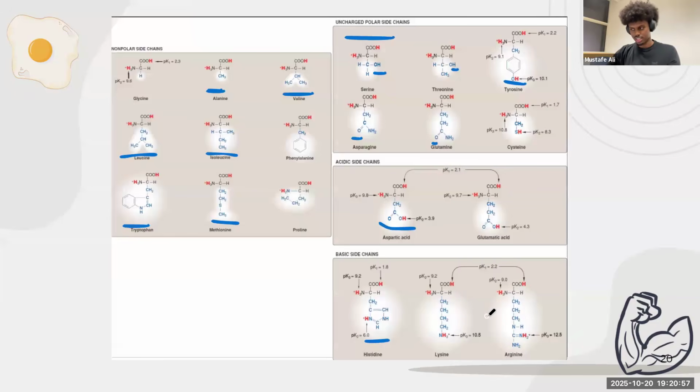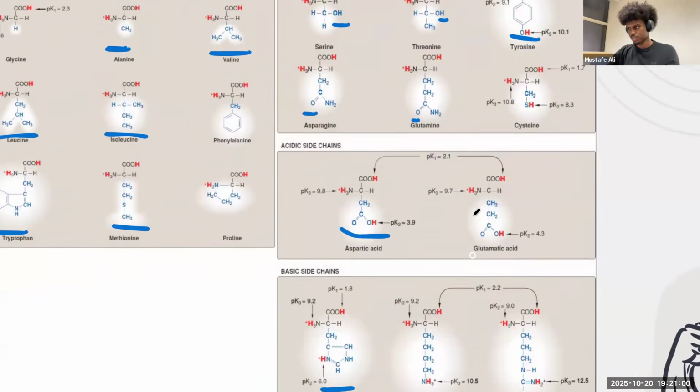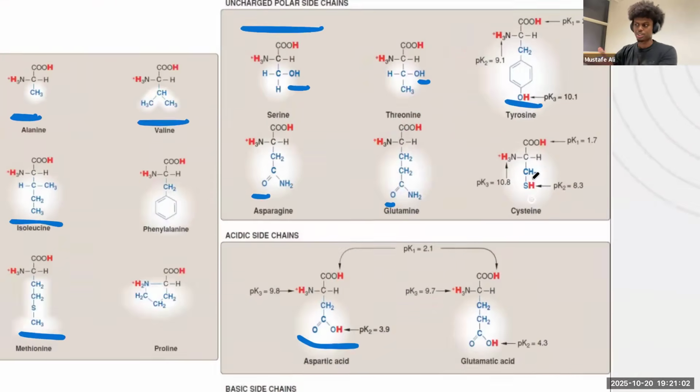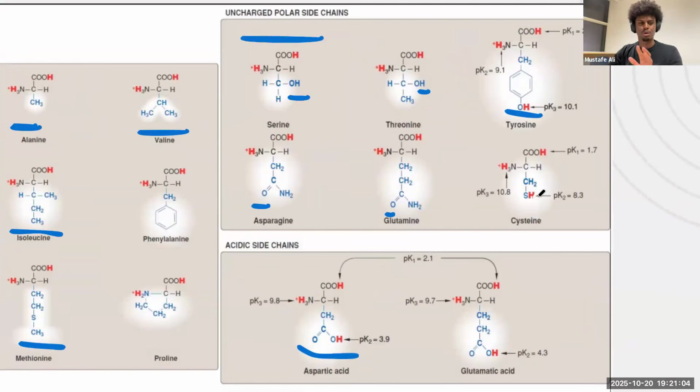Cysteine is a bit more complicated. We could see that cysteine is right here. It's a bit complicated because it has an SH. They probably won't ask you about cysteine, its structure. Just focus on the most simple ones, the ones that have a double bonded O and the ones that have an OH.